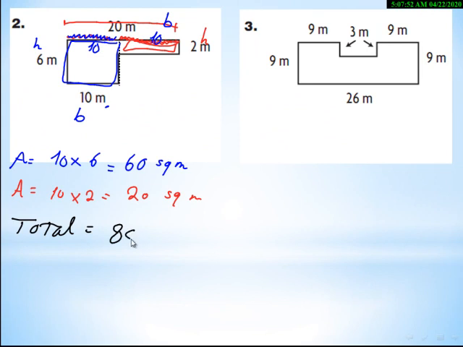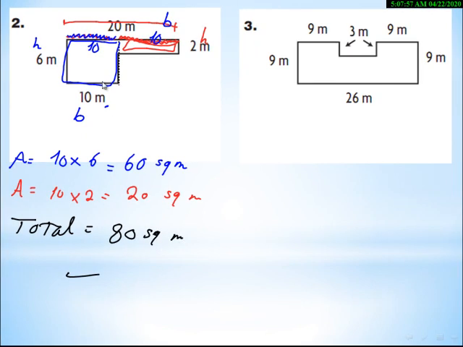Great! 80 square meters. You understand that? Okay. Now, you should understand there's a new idea here. I subtracted 20 minus 10 to get its length.